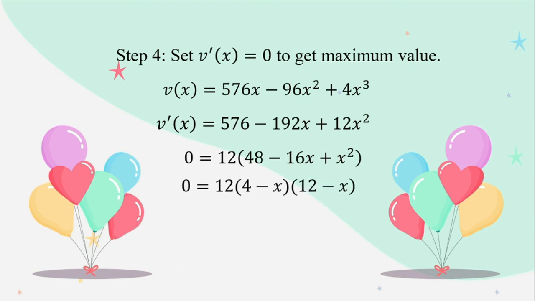So, begin factoring the equation in the parentheses. We get 0 = 12(4 - x)(12 - x). So x₁ = 4 or x₂ = 12.